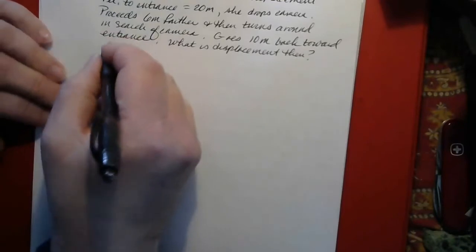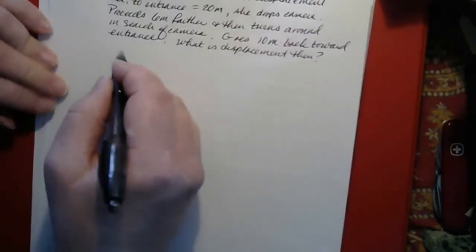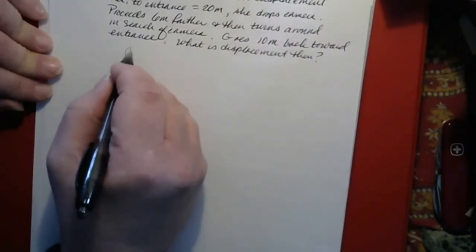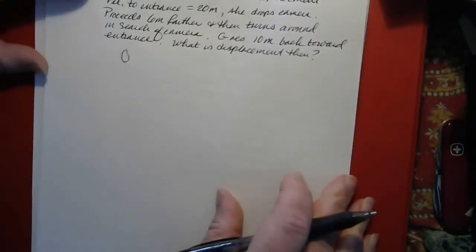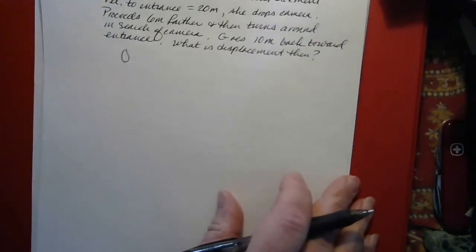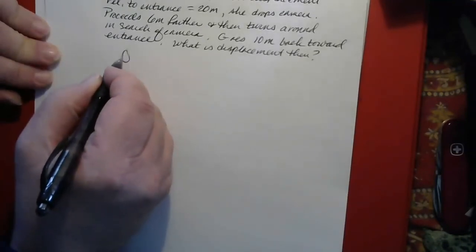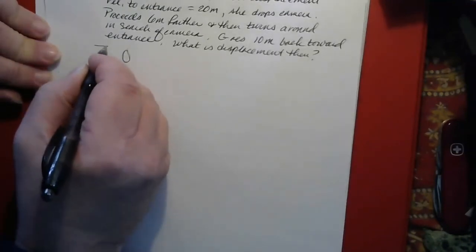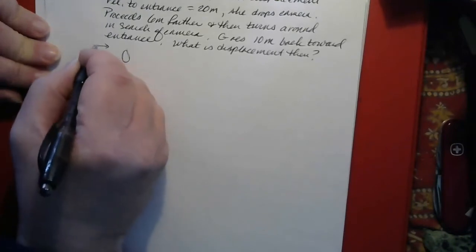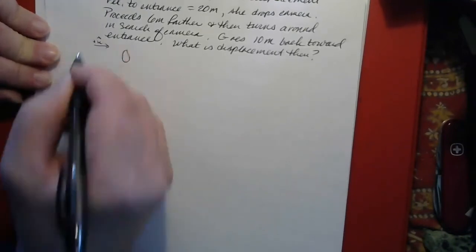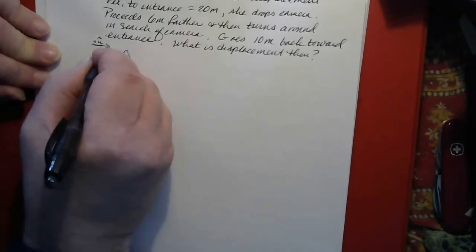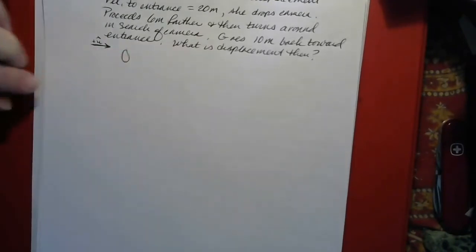Okay, so in the solution, we can draw a little picture here. Here's my very artistically drawn entrance to the underwater cave. Actually, the problem also tells you to define the positive direction as towards the entrance.